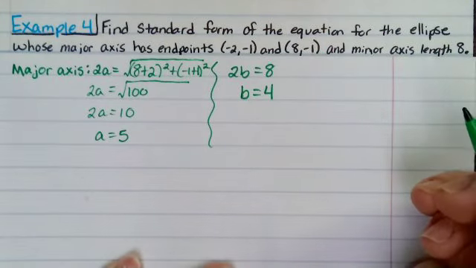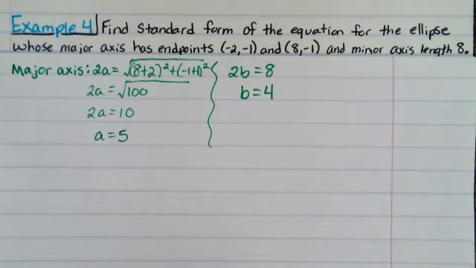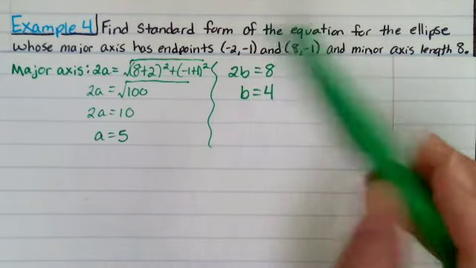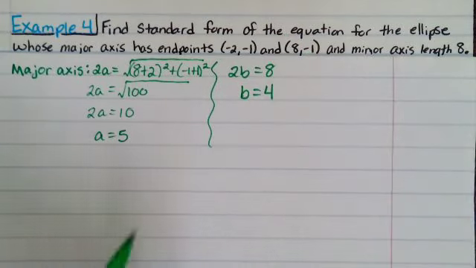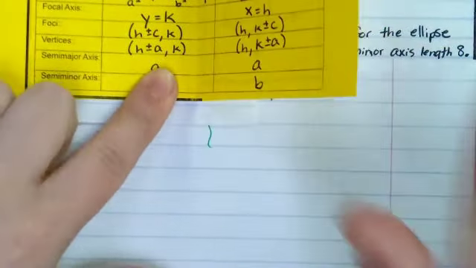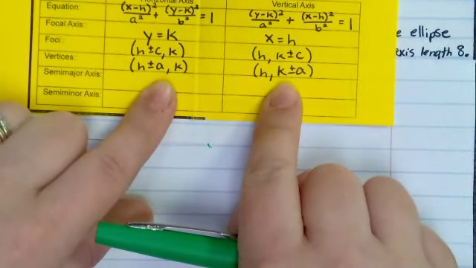Okay. So if they gave me those vertices, this is what I'm going to do to figure this out. If my center is not at the origin, I need to look at those vertices that they gave me here. I do see that they both have the same y value. So when I'm looking at the options here, which of these situations is more like our vertices?